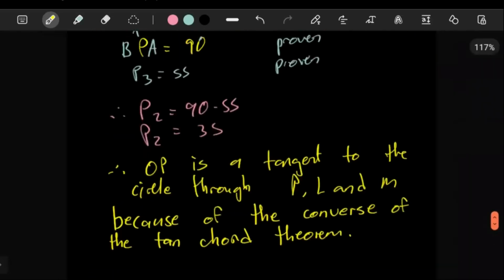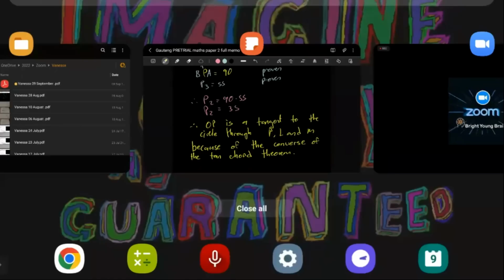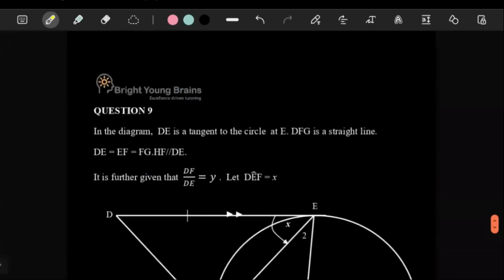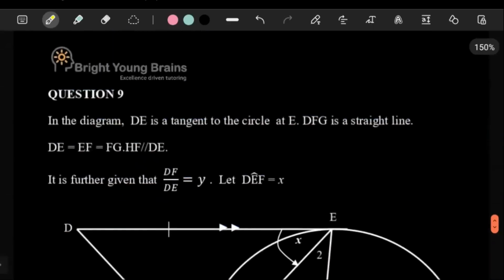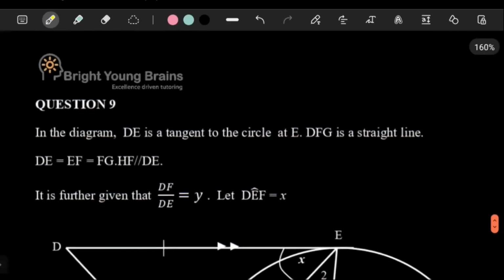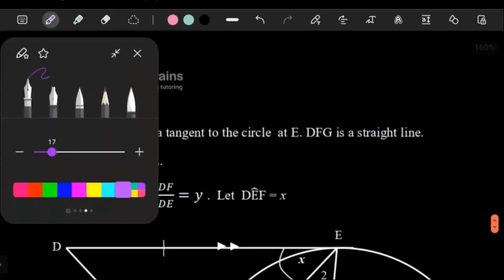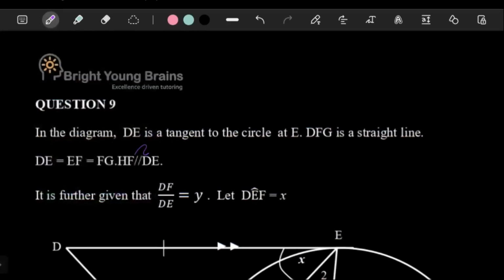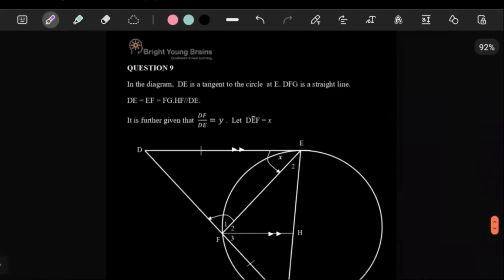Yeah, but we'll have to see it. Let's move on to question number 9. What do we have here? Question number 9 looks pretty interesting. It says, in the diagram, DE is a tangent to the circle at E. Perfect.